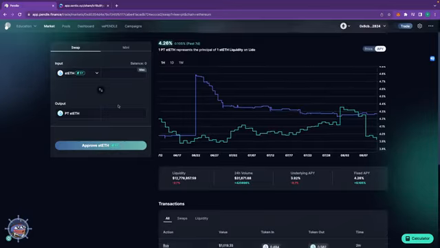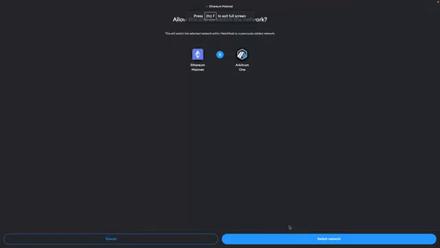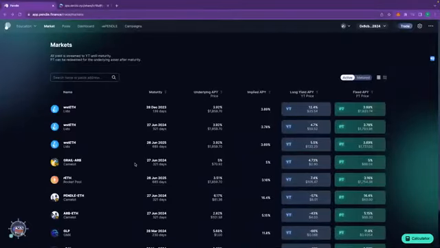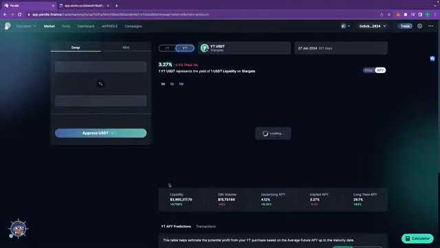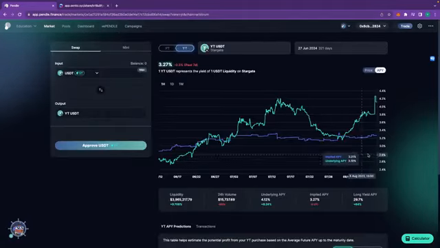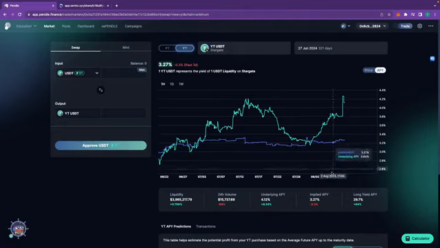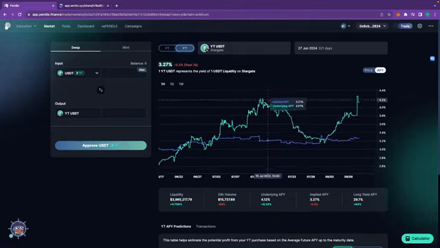Let's move on then to the next market, which is basically the USDT market in Arbitrum. Similar to the Ethereum market, the long yield APY is also very high, and you can see that underlying APY has been consistently higher.